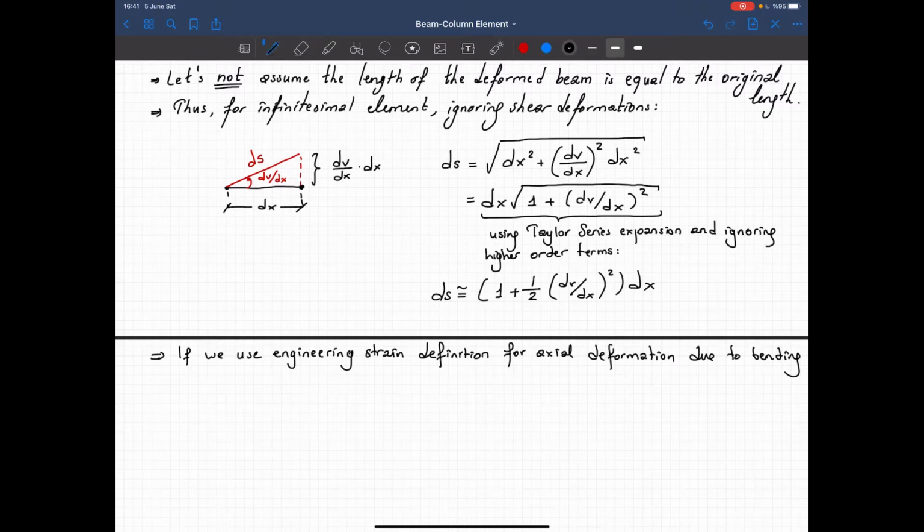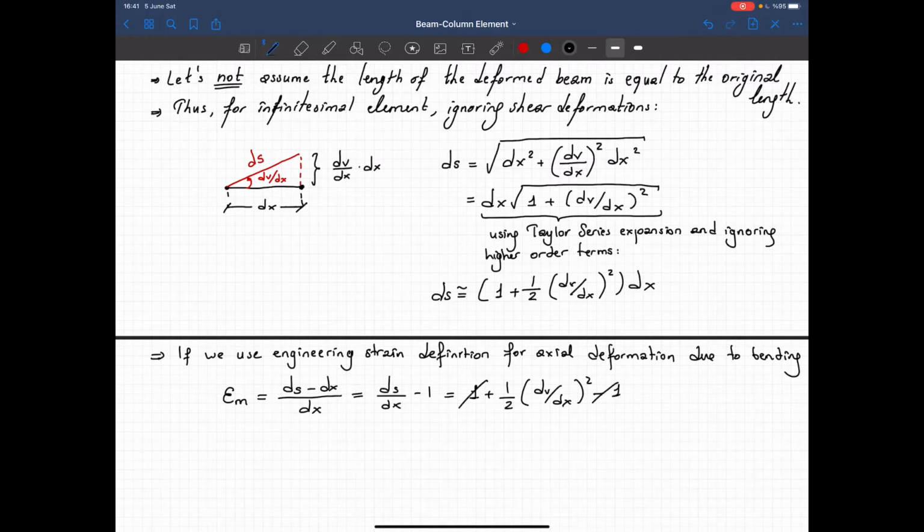So let's represent that strain as epsilon m, the membrane strain, which is equal to ds minus dx, the amount of length change, divided by the initial length dx. So that's ds over dx minus 1. That's equal to 1 plus 1 over 2 (dv over dx) squared minus 1.